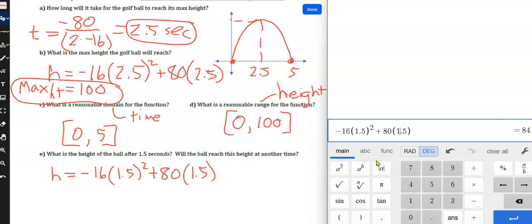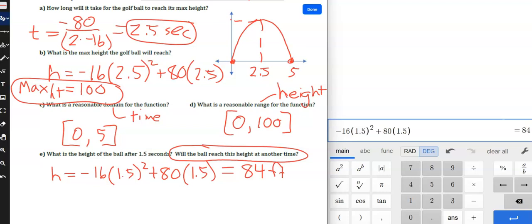Got 84. And the better question is this: will the ball reach this height at another time? Basically, if I come back up to my graph and I draw the line for 84 feet, will it cross once on the way up and once on the way down? And the answer is yes.